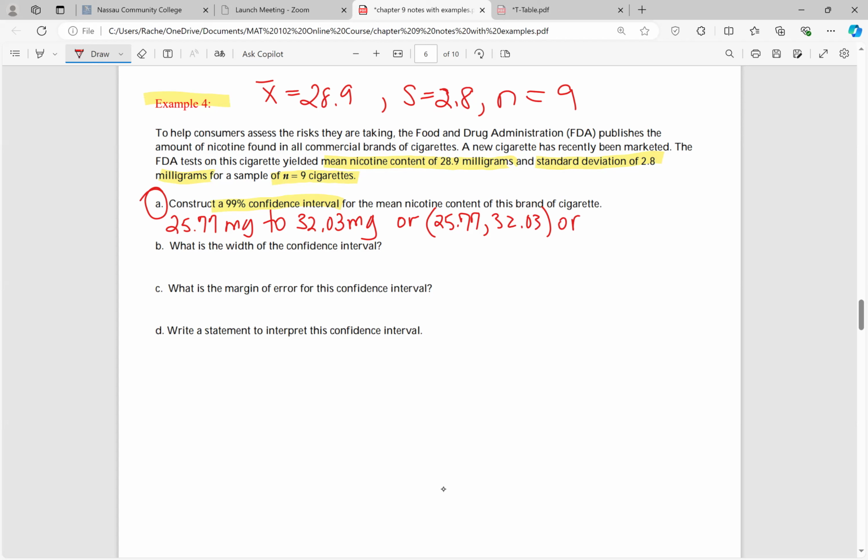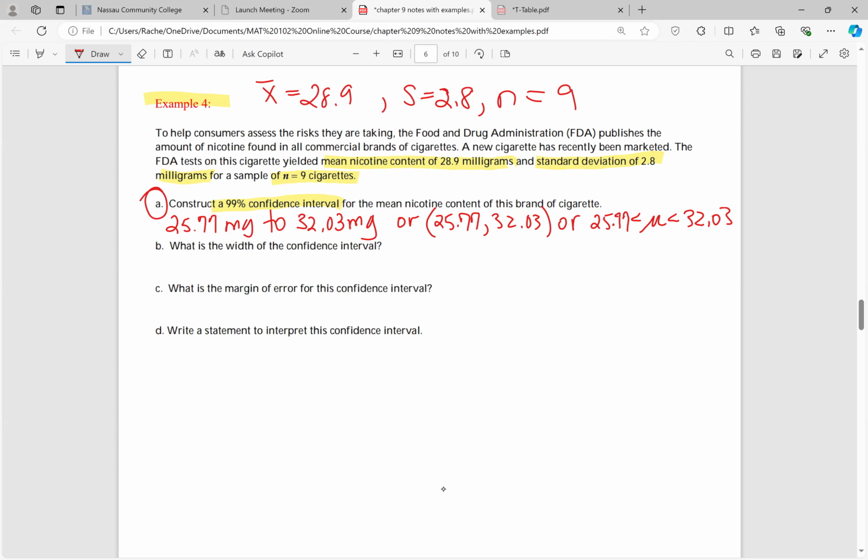Or we could also, I don't really write it this much, but just in case you saw it in the homework or somewhere, we could also write it using an inequality. So we could say that mu, the population mean, is estimated to be between 25.77 and 32.03. So those are the 3 ways that we could write a confidence interval. I typically write it the first way and then sometimes the second way, which is the parentheses, because that's the way the calculator gives it.